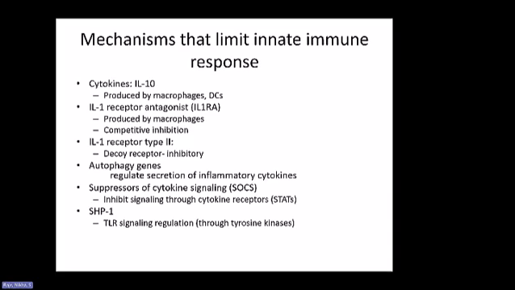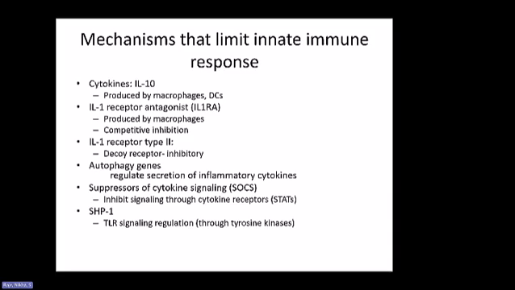There are multiple places where the innate immune system has its safeguards, such as the IL-10 cytokine that helps in the anti-inflammatory response, and antagonists of inflammatory cytokines like IL-1 receptor antagonist. There is also autophagy, with genes that lead to autophagy in the cells, so that some of those inflammatory cytokines help in regulation of the inflammation that's produced.